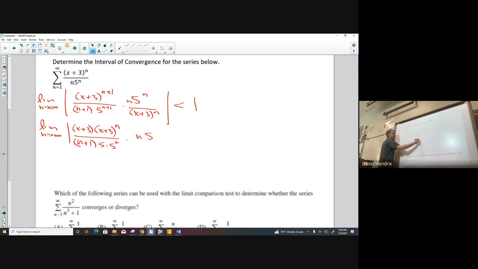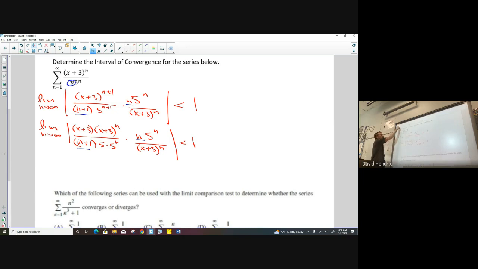And what you're going to realize on all of these ratio tests is what happens to the polynomial portion. What happens to those? They're going to go to 1, because you take the limit as n approaches infinity. n over n plus 1 as n goes to infinity is 1.